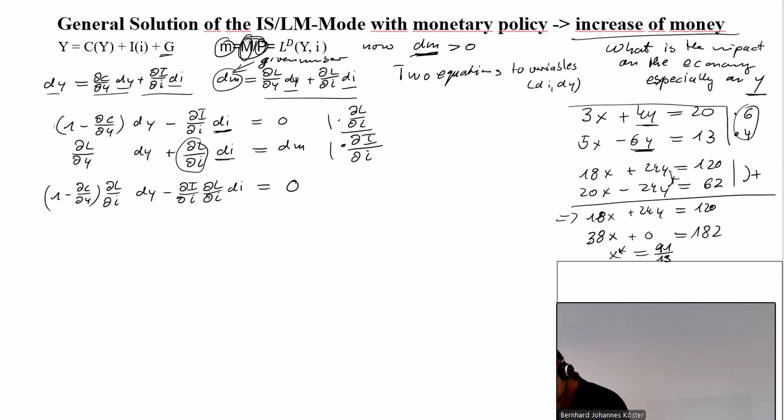And the second one, ∂L/∂Y times dI over ∂I times dY, minus, now the other way around, but it is of course the same number, plus I times I, and now this is not 0, so ∂I/∂I times dM.